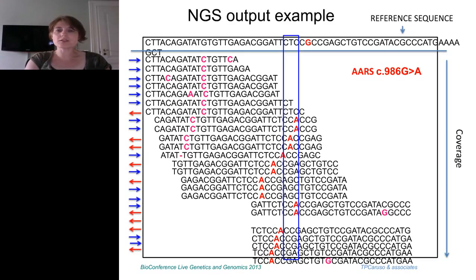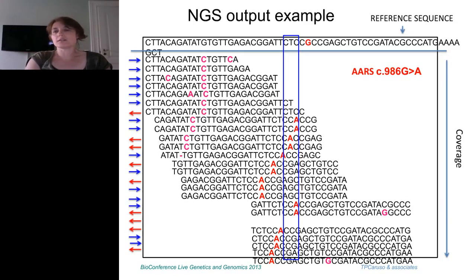When we actually look at the data, those A's should be all aligned nicely under the G, because we're looking for the G to an A change. The other thing that you also see is those random pink changes, such as C here and a C here and a G here.